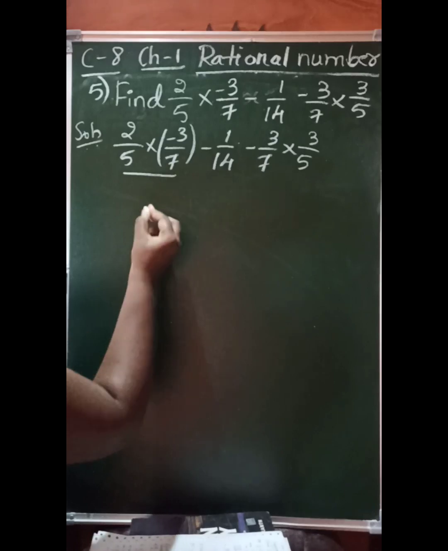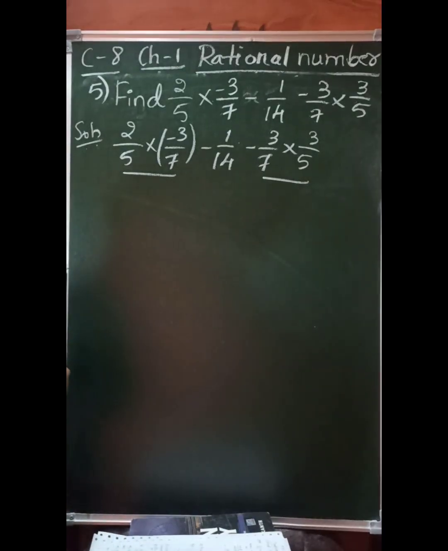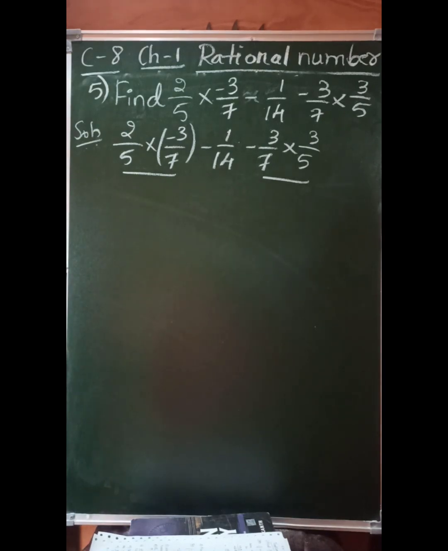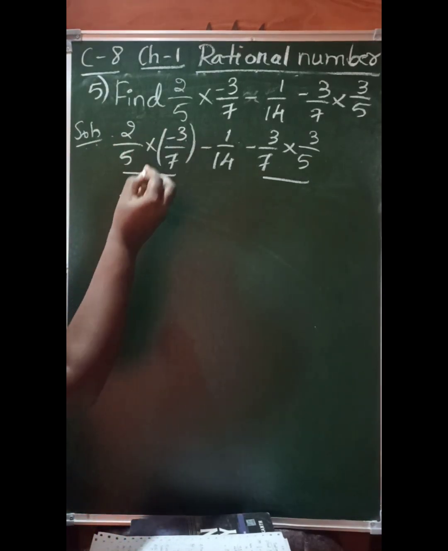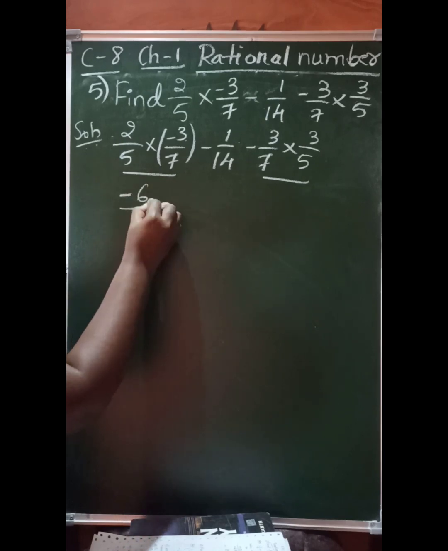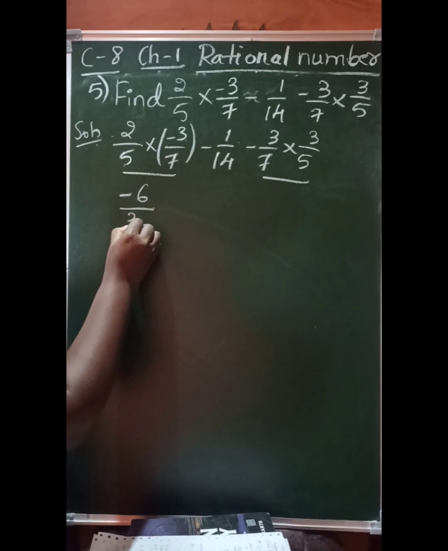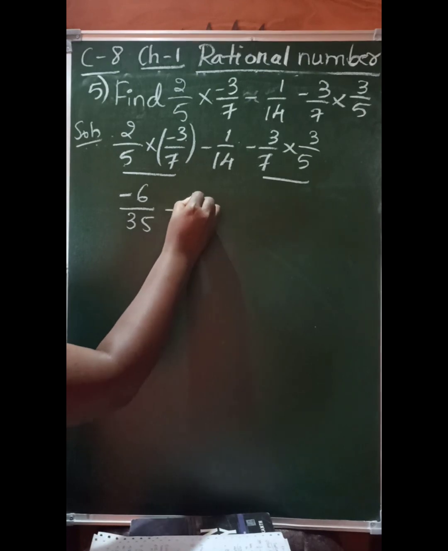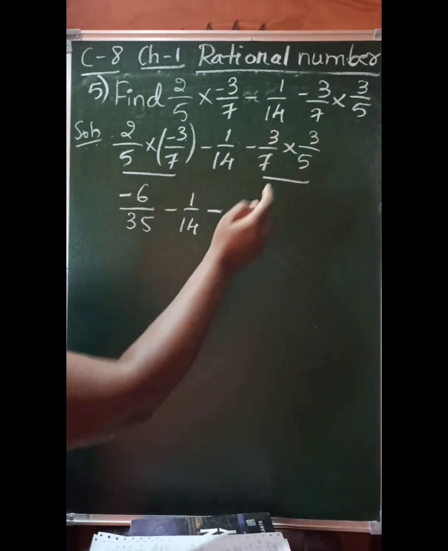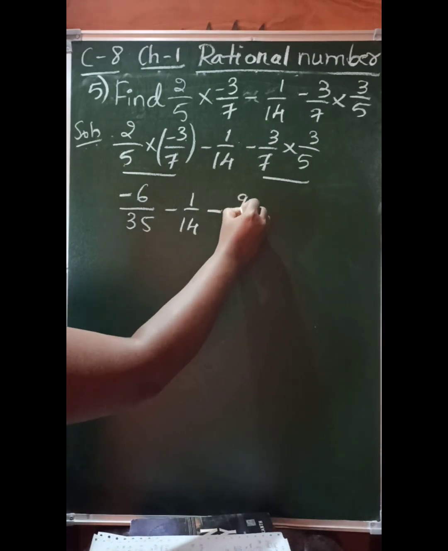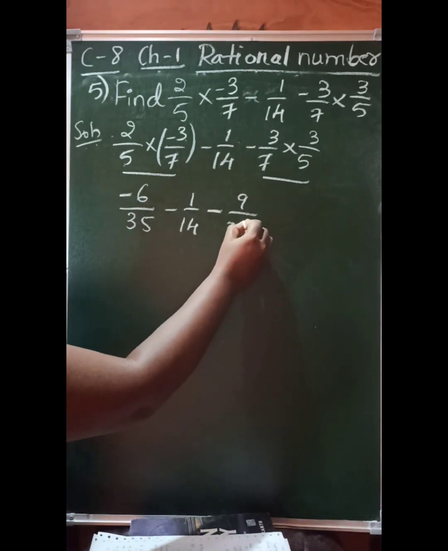So consider the given problem. Now multiply these two and multiply these two. Check anything can we cancel in this? Nothing we can cancel here. So multiply. So plus into minus, minus 2 into 3, 6 divided by 7 into 5, 35. Write minus 1 by 14 as it is. Minus, multiply this, 3 3s are 9, 7 5s are 35.